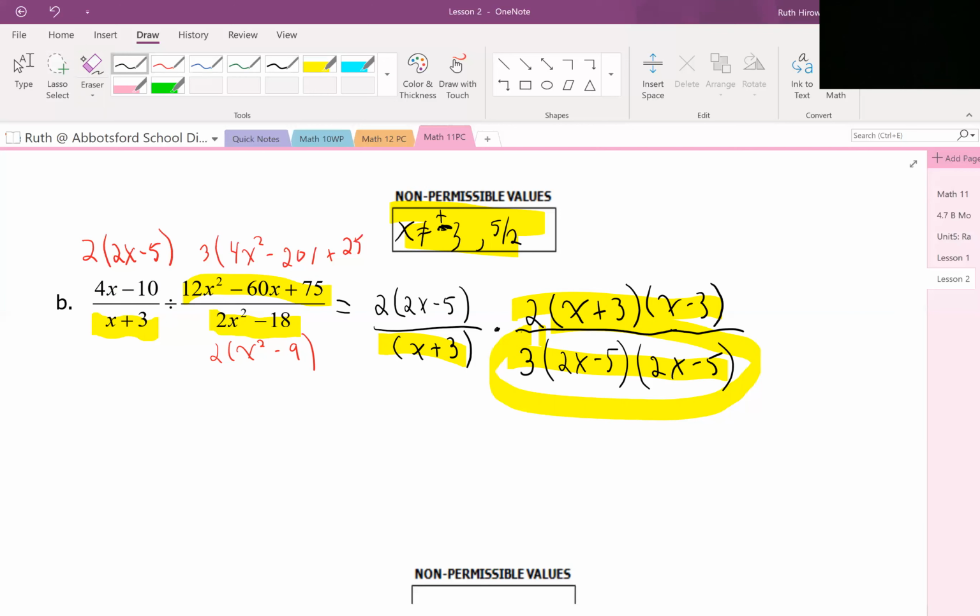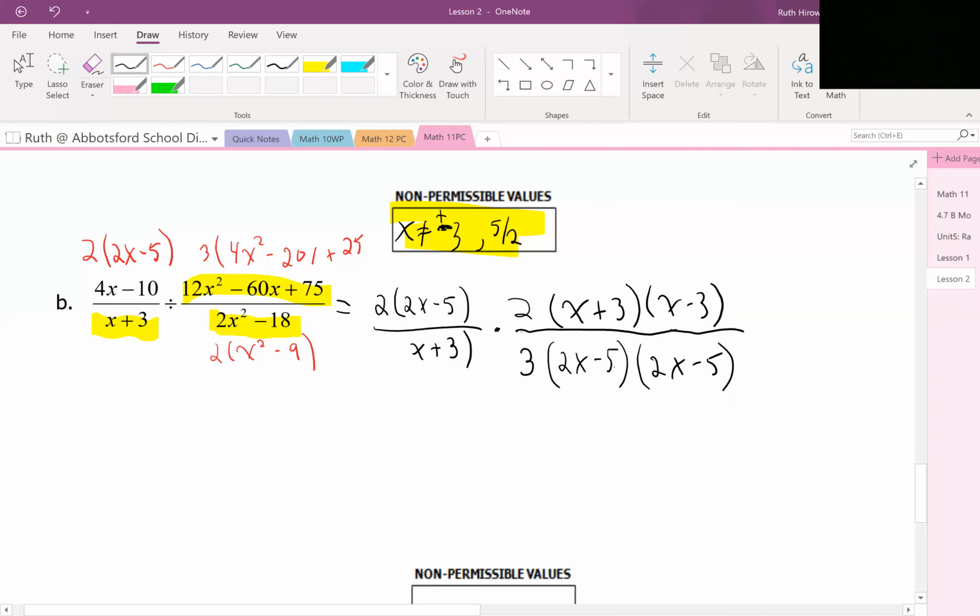Okay, now that we've stated all of those non-permissible values, I better stop doing that. What went on the top there? I think a 2. Let's start canceling our like terms.